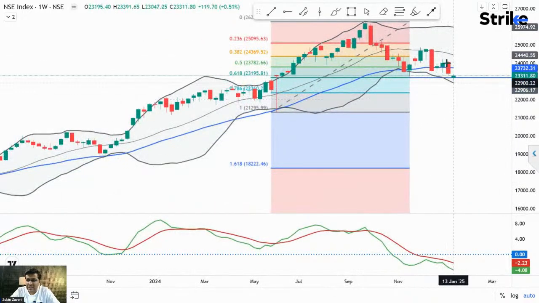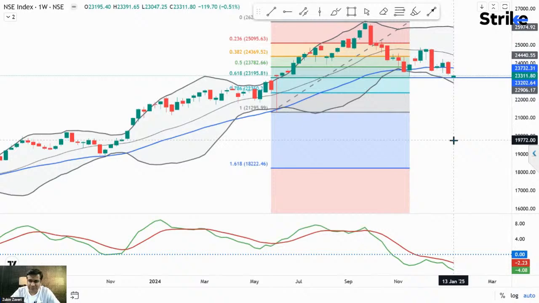So if 23,000 is broken, which we saw on the 75-minute and the daily chart as a good support level, then below 61.8, that is 78.6, comes to 22,360. So that level will become the next support level for Nifty.